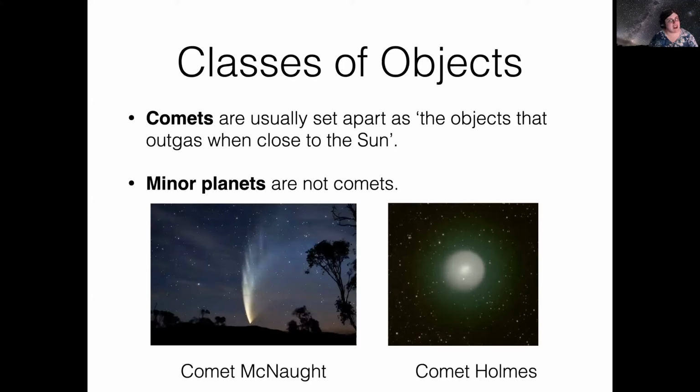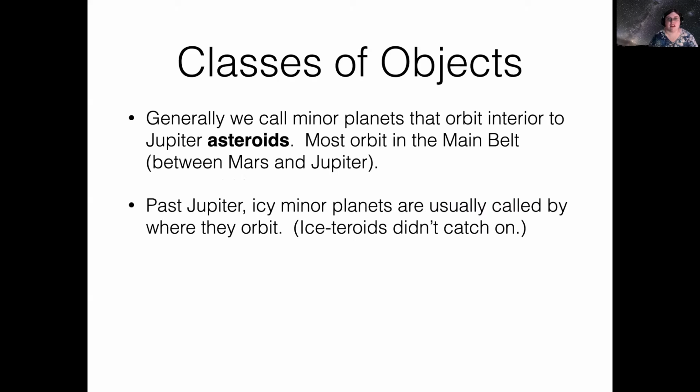Now that's actually a pretty fuzzy definition, because there have been objects we found that were later reclassified from one to the other because we found outgassing. Now, generally speaking, the minor planets that orbit interior to Jupiter, we call them asteroids.